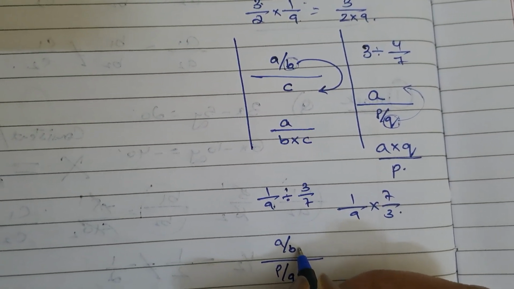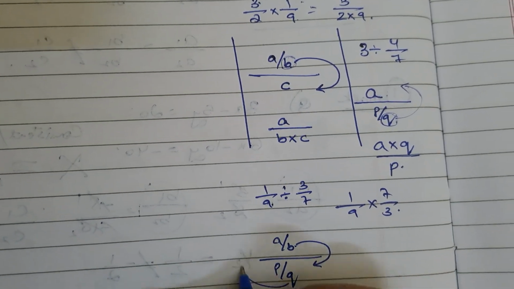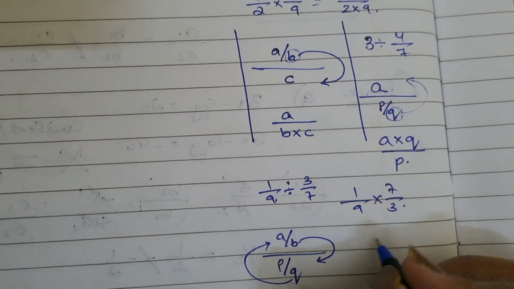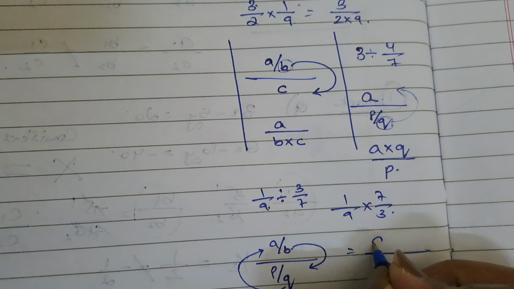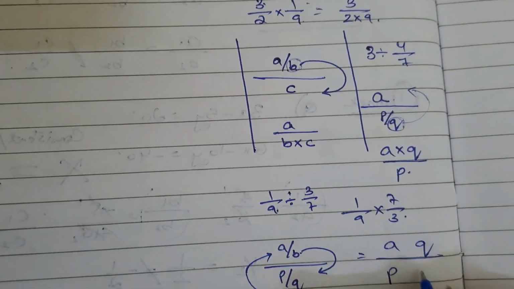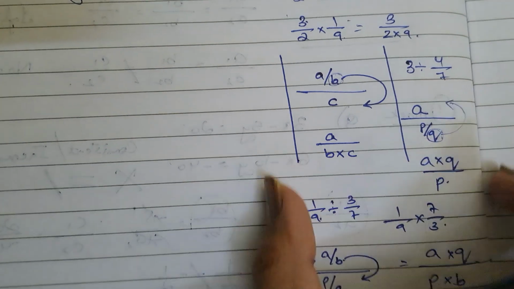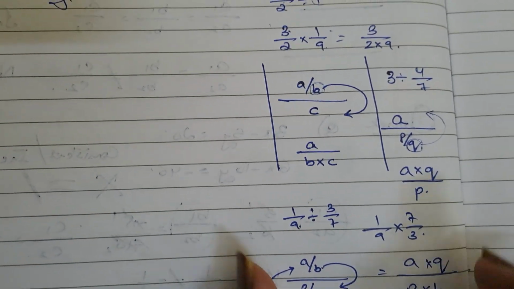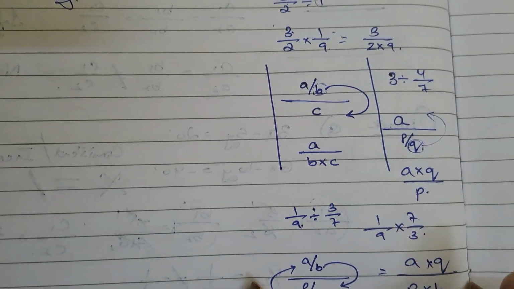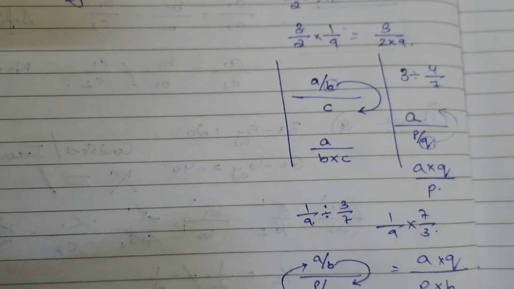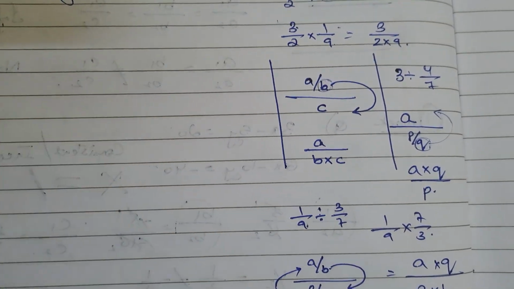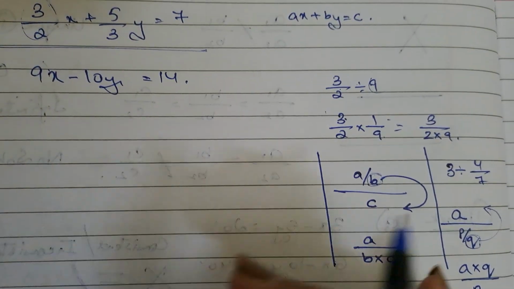So this b goes down and this q goes up. The denominators change their place, so it becomes aq upon pb, with a multiplication sign. This was just a gist of it. If you do not understand it, watch it again and then you will understand it. If you do not understand, message me and I'll explain it to you.